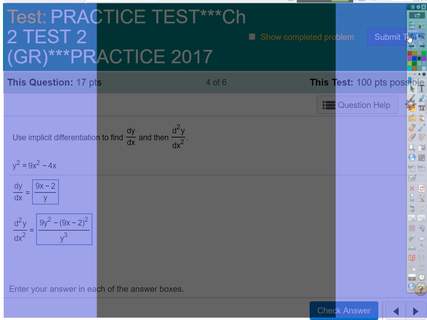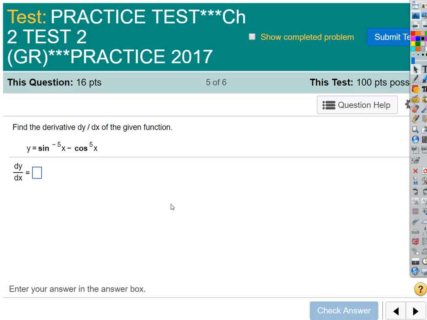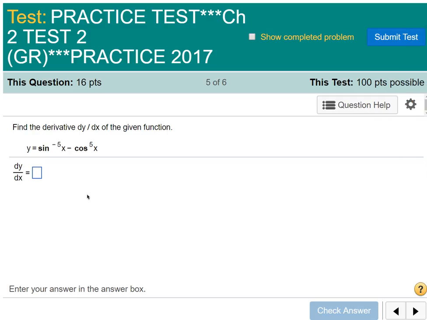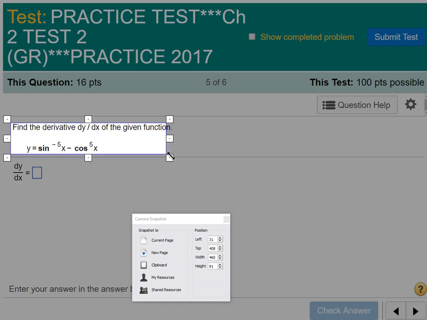Okay, so let's see, next here then. So this guy, this would be a good one. Just happy those ones were multiplied together.